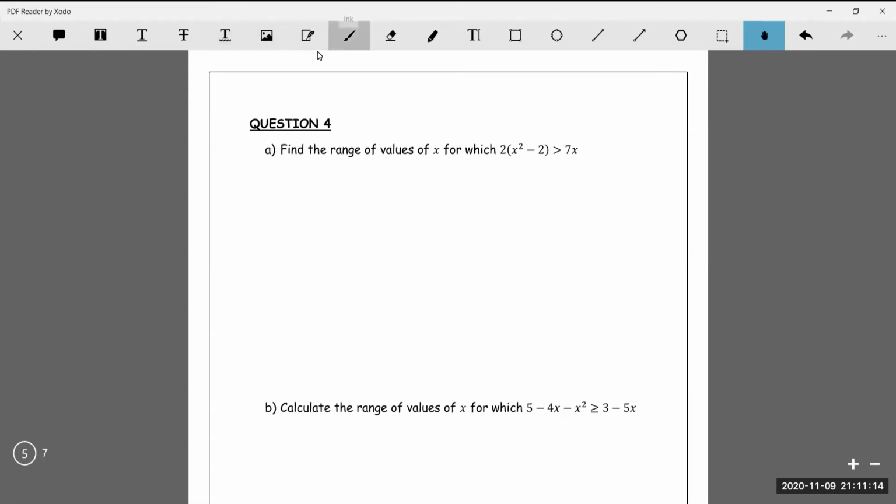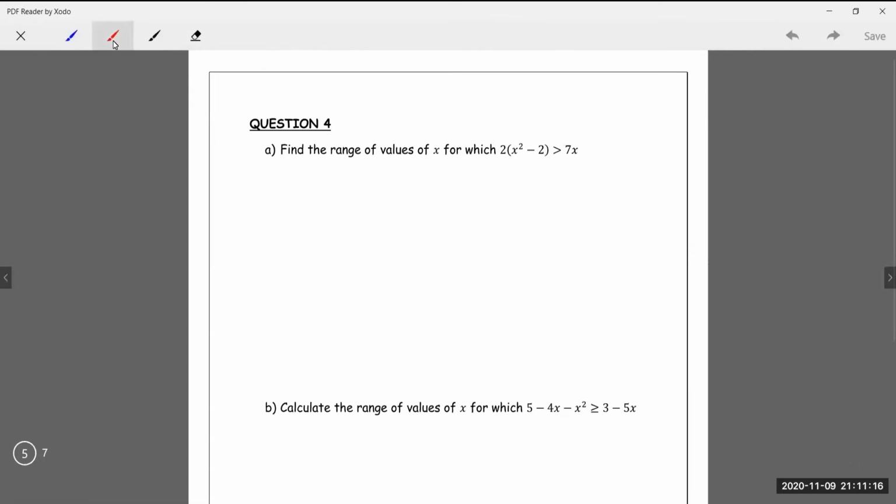My apologies, so this question, remember, we had got it down to 2x plus 1 times x minus 4. That's what this simplified to be, and it was, of course, greater than 0.